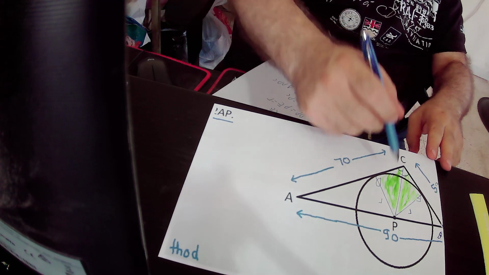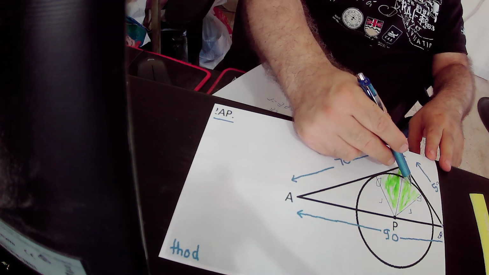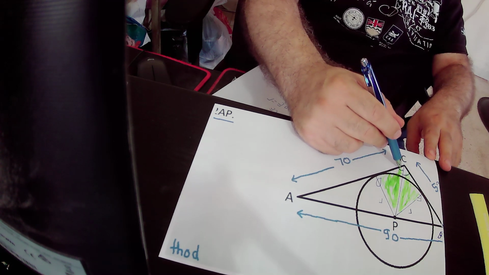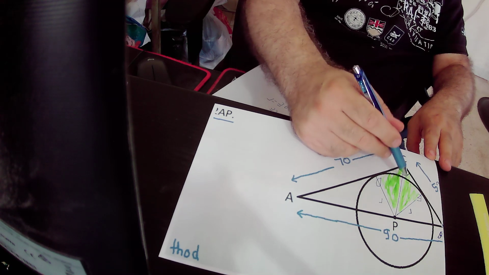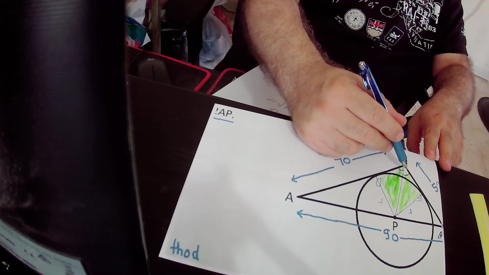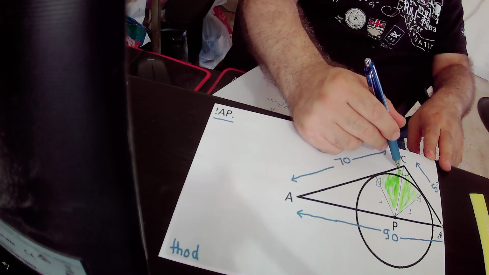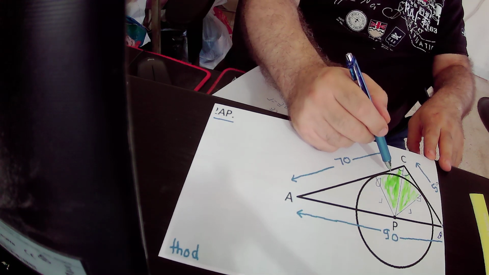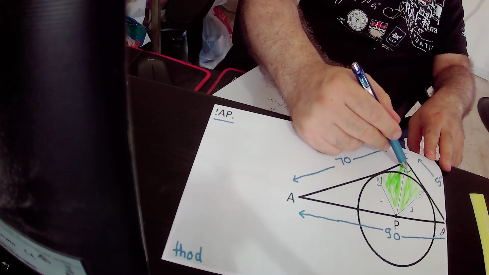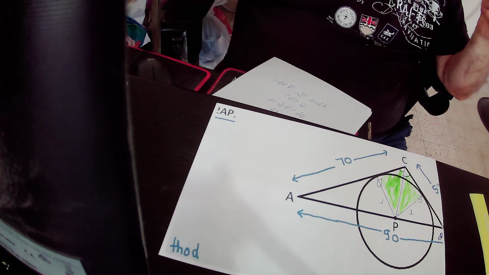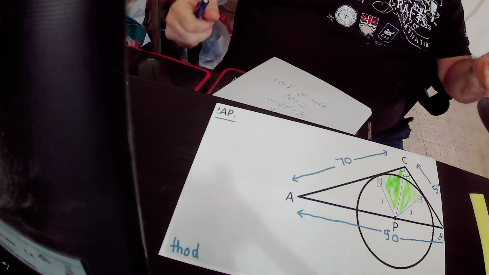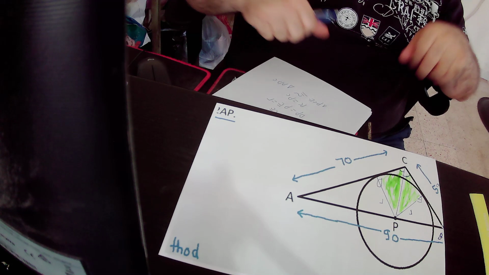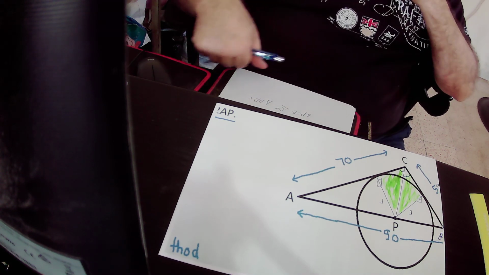So triangle CDP is congruent to triangle CEP, and for that reason angle PCD equals angle PCE. This angle equals this angle. Again, angle PCD equals angle PCE according to the rule that corresponding angles in congruent triangles are equal to each other. Okay?